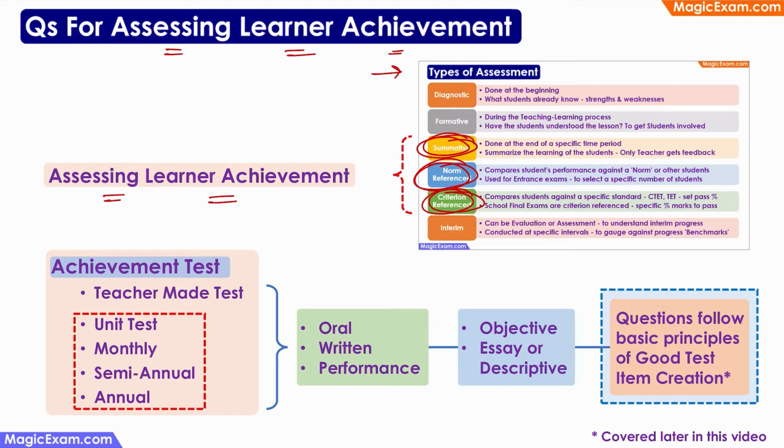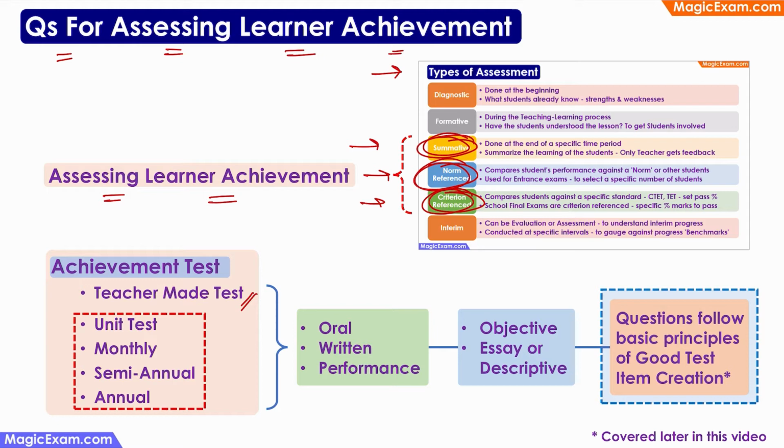And you can formulate different types of questions for these summative, norm referenced or criterion referenced assessments. So these achievement tests can be either teacher made, where the teacher is making tests for his or her own classroom. So each classroom may have different types of tests.